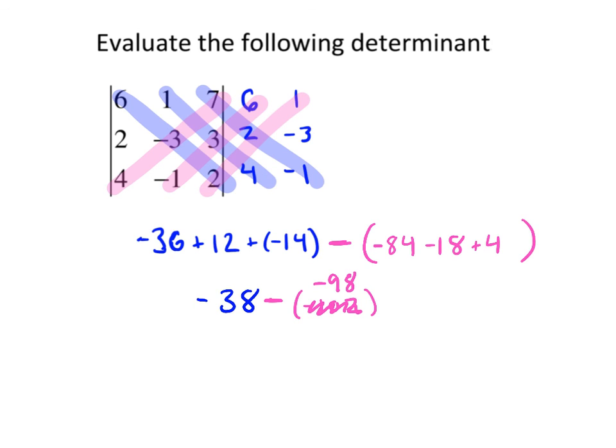So negative 98. Okay. So we have negative 38 plus 98, because this becomes a big plus sign. What do we got? 60.